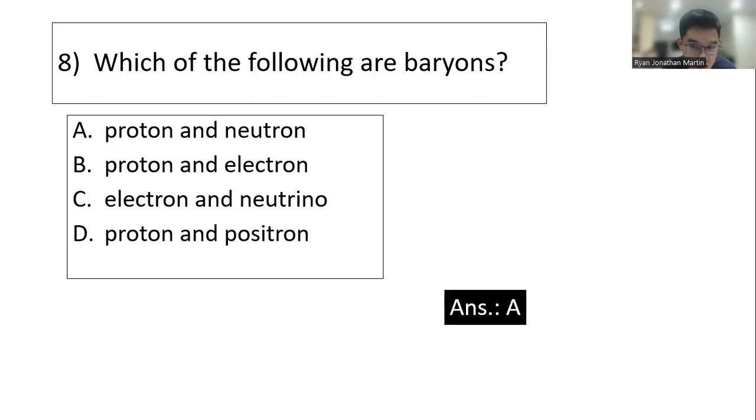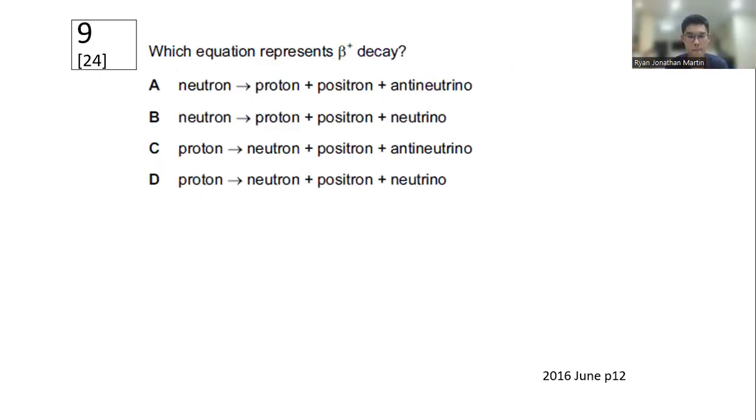How about this one? 2016 June paper 1-2. Memory work, you can work it out.